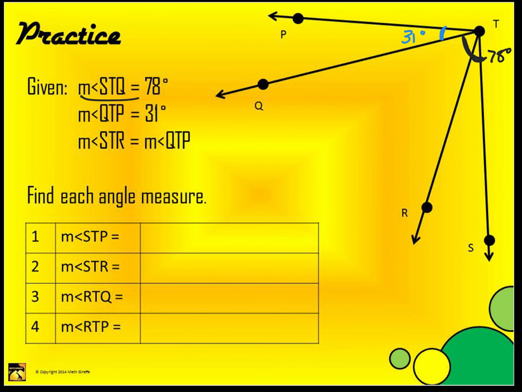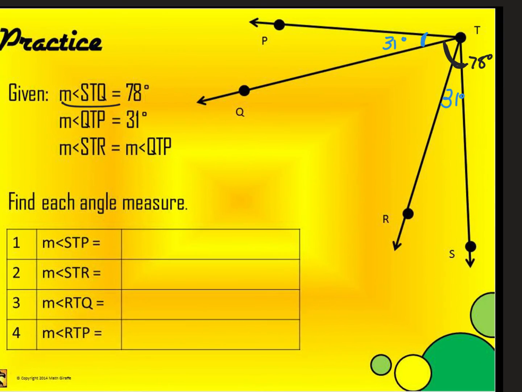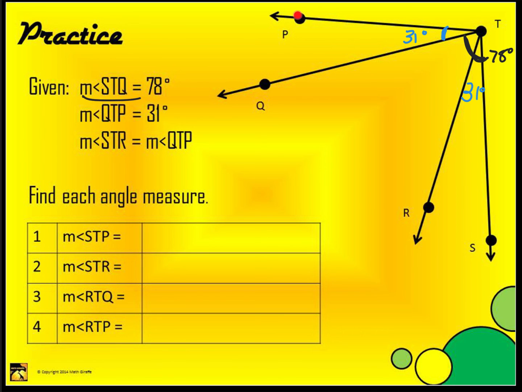So that means that this angle here is also 31 degrees. So, now we need to find the measure of STP. So, we are finding the measure of this big angle here.